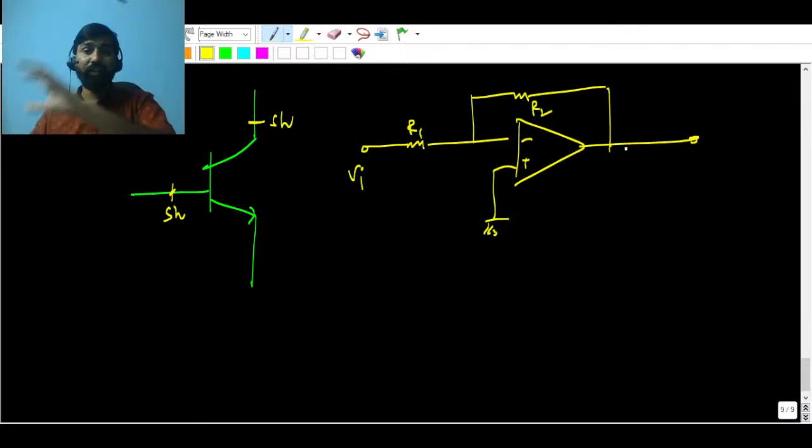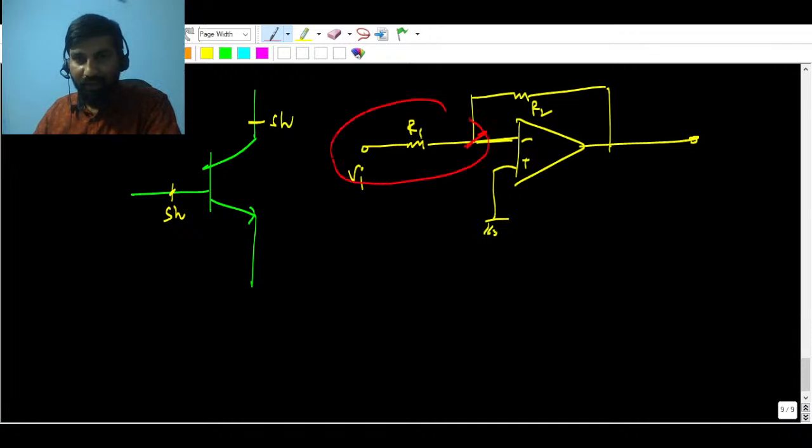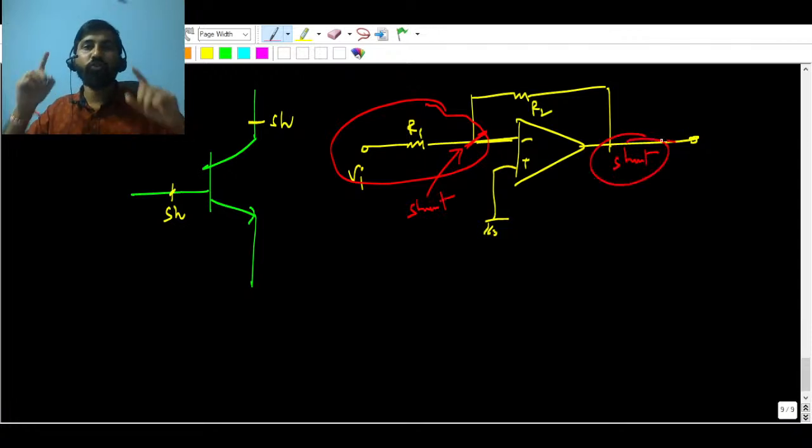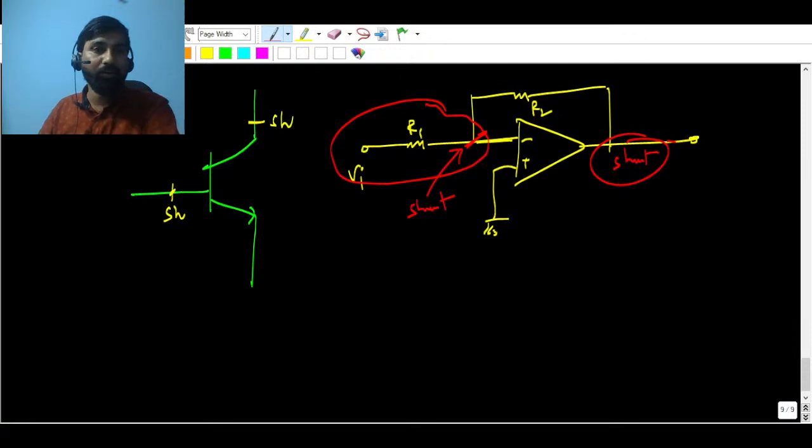If you're taking voltage and connecting back to the negative terminal of the op amp, after all, this terminal is basically known as the current summing terminal, and this will be the shunt connection. So you have to always keep in mind some kind of shortcut to remember. This terminal is shunt, this terminal is shunt.